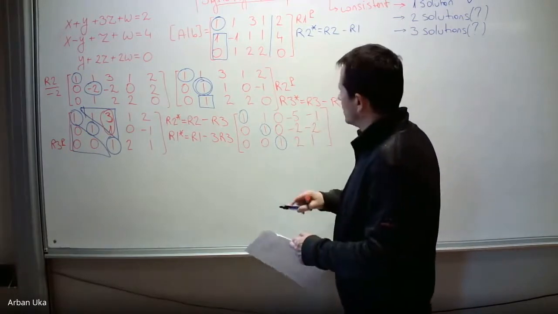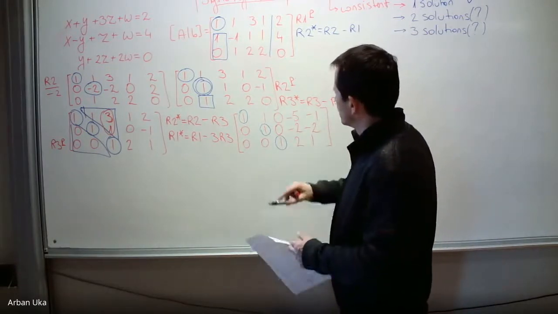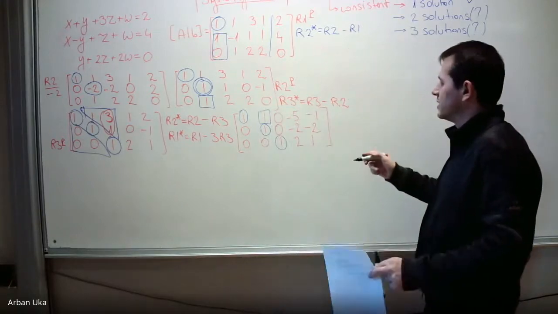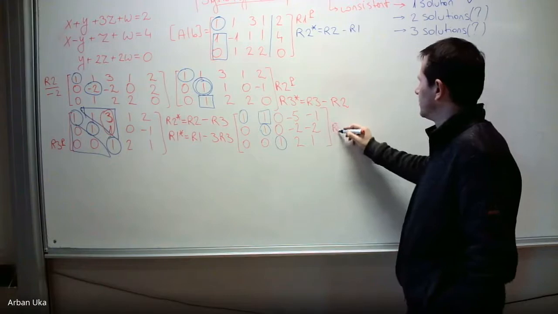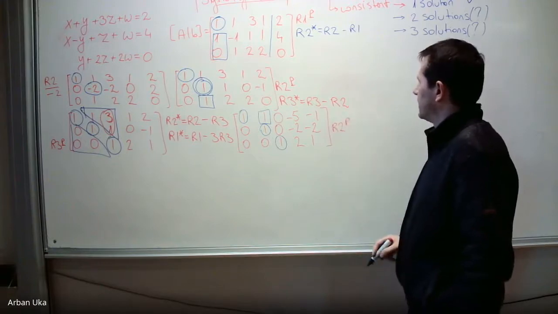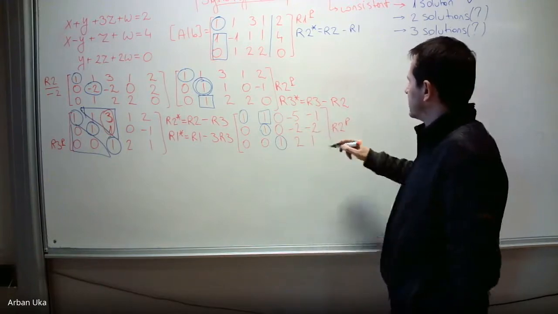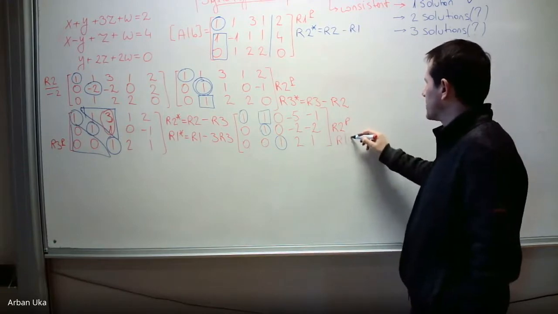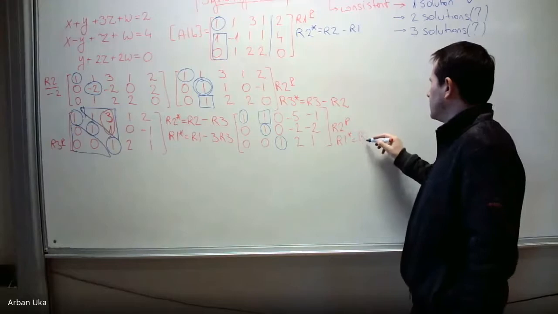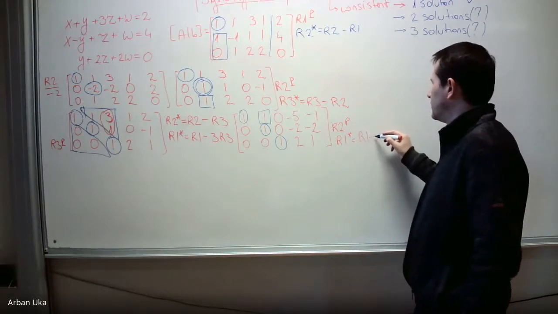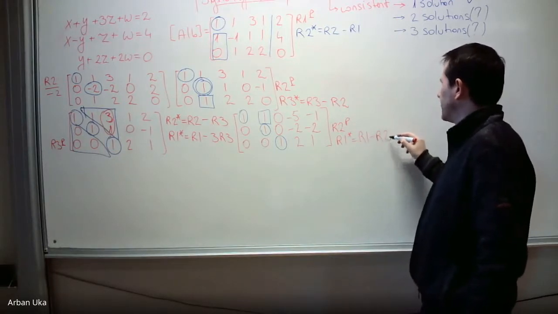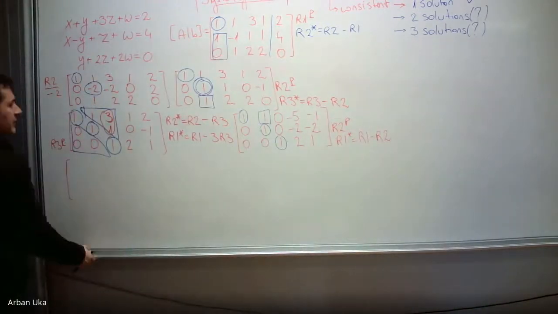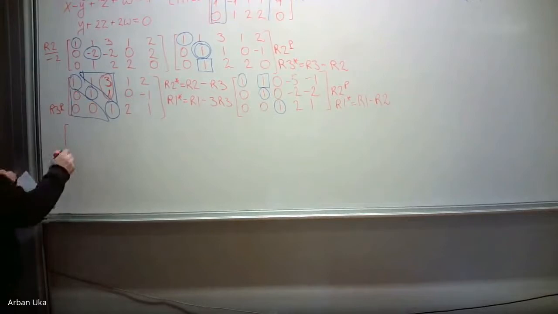The next element we want to make 0 is this one, but now at this stage we use the row 2 as the pivot. And we want to make this 0, so the operation that we need to use is the following. Row 1 star will be equal to row 1 minus row 2. In this case, we don't change the bottom two rows.